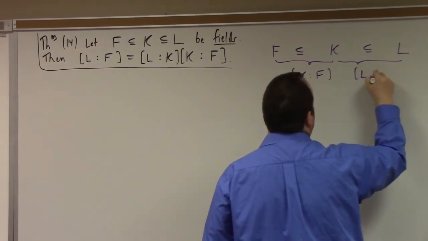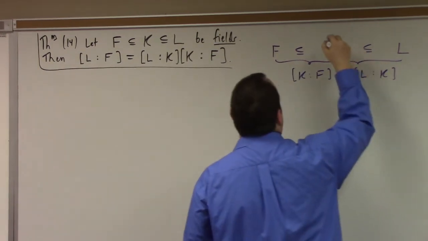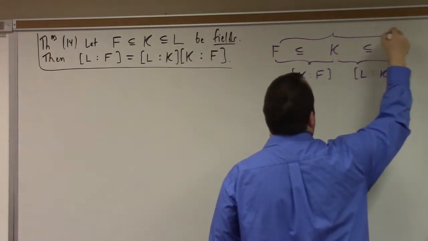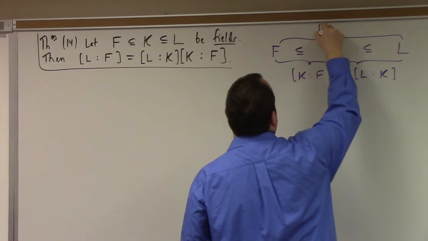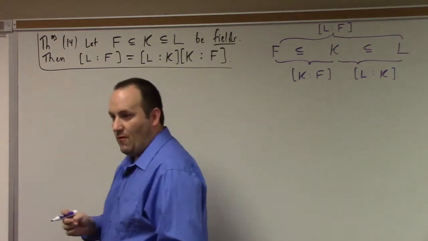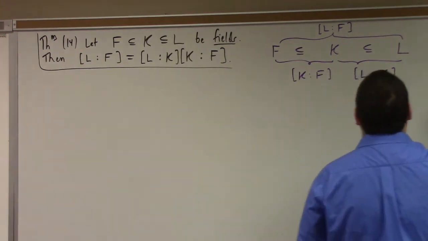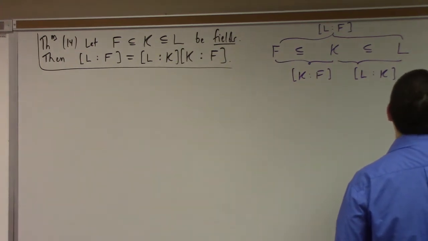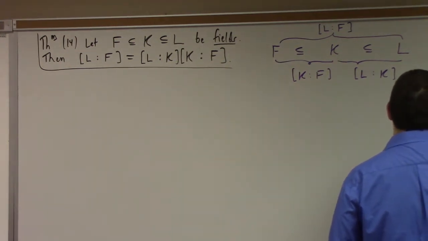L, duh. And then in total, right, we have L over F, and there's just the product of those two. The other way to draw this picture, though, that's probably useful is that it's L, K, F, all right?